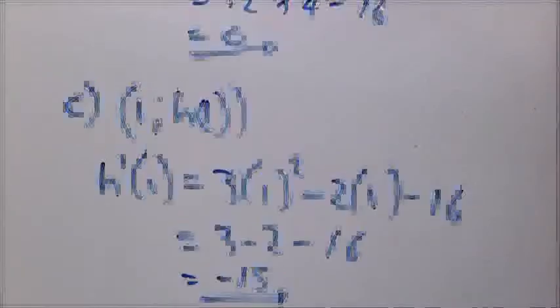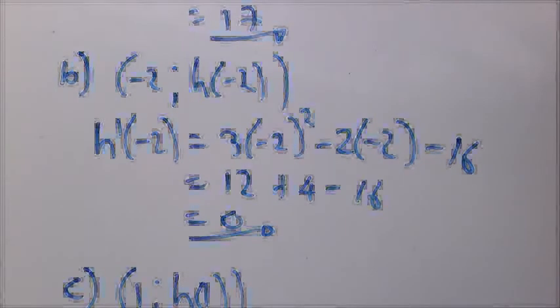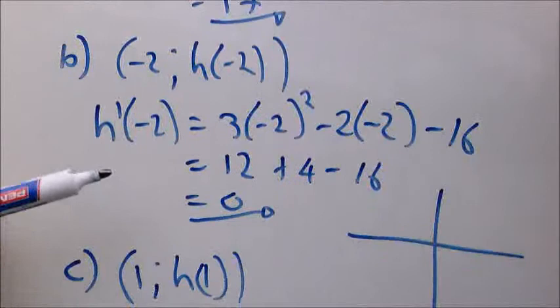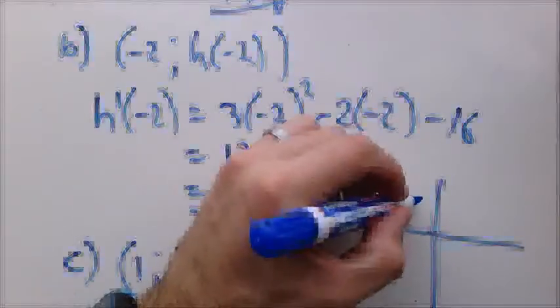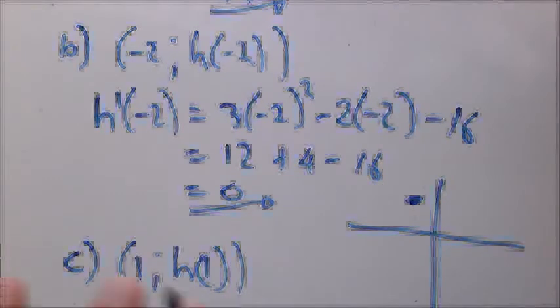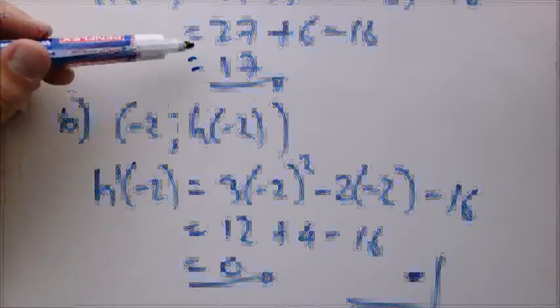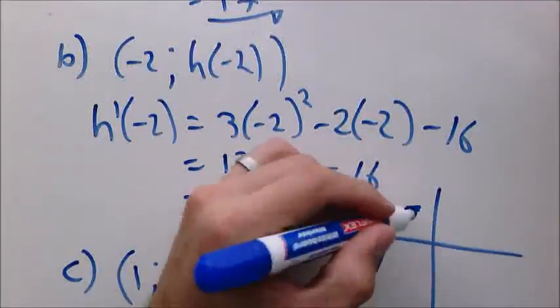So let's look at what we've calculated. Okay, so just to illustrate, we have the function, and where x is negative 2, we have a turning point. Okay, we'll see now which way it goes, right? Where x is equal to negative 3, we have a positive gradient. In other words, the graph is going upwards, so it looks like this.